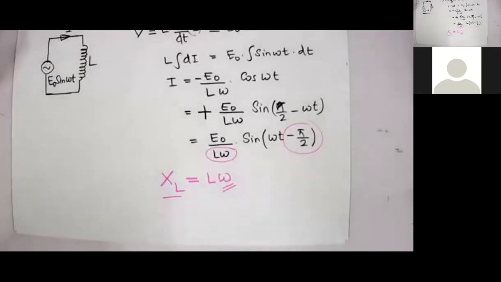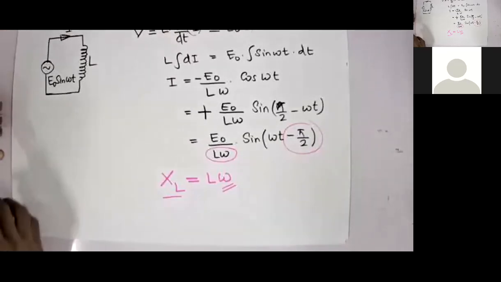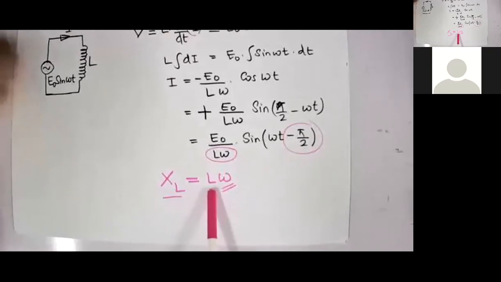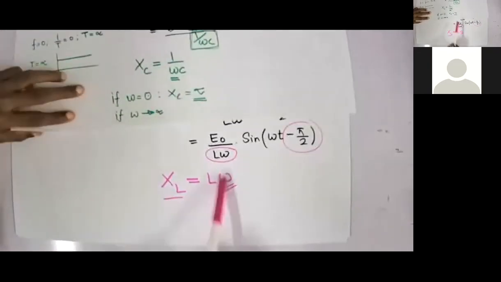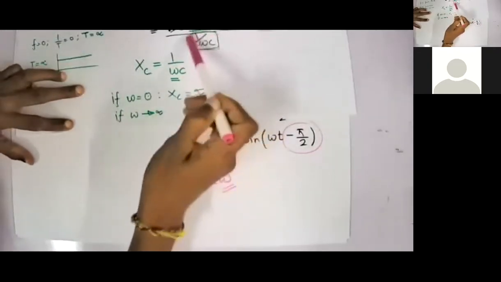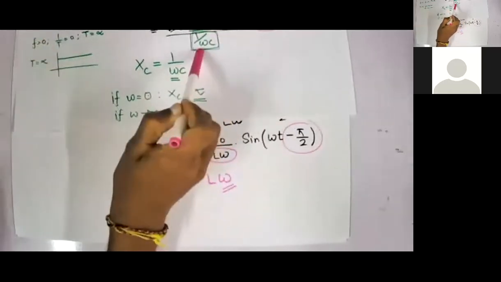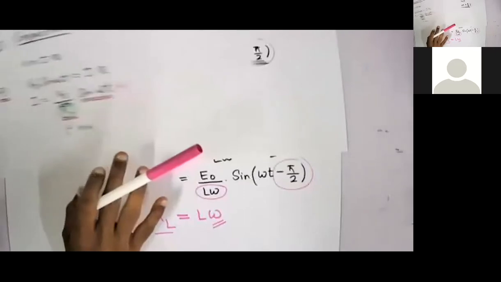Please tell me again, what do I need to repeat? You're asking about this one, right? Just compare these two equations. Here we have 1 over omega c.